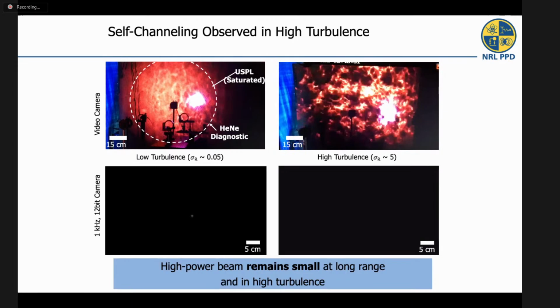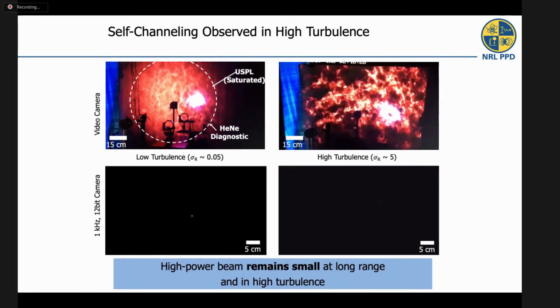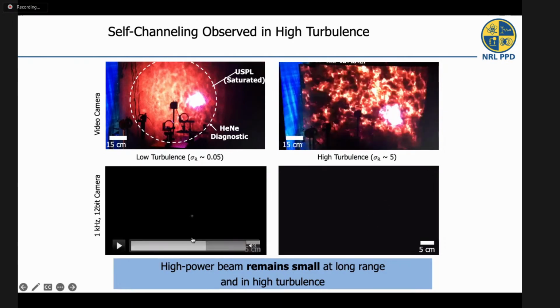However, when you look in more detail at the USPL pulse, you see it's still maintaining this very small size. The wander went up significantly, which is one thing we'd expect. However, it's still able to maintain this nice small spot. So this is what the raw data looks like, and now it's a matter of taking that and doing a full data analysis on all this camera work.